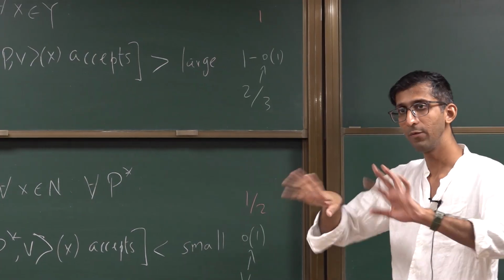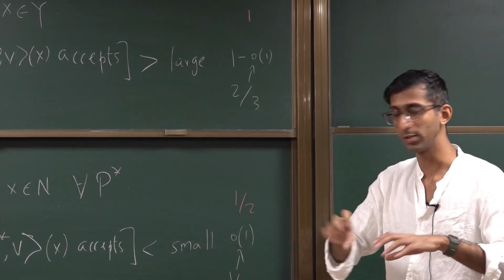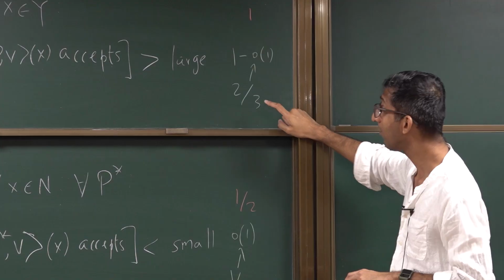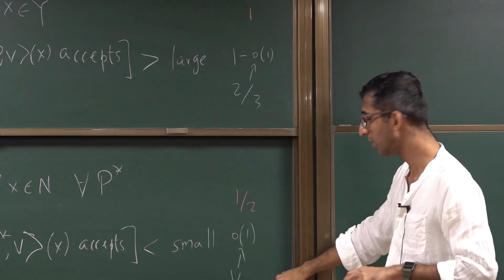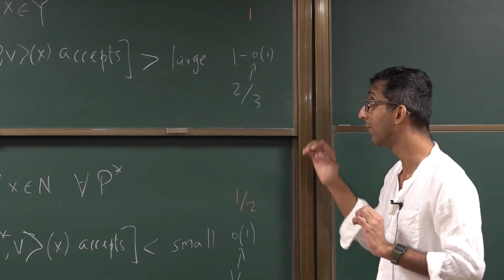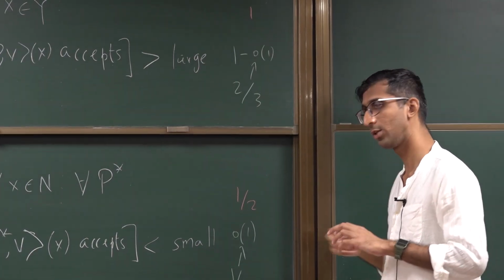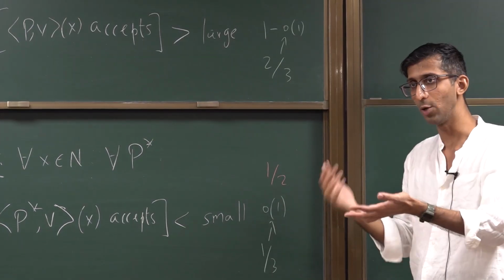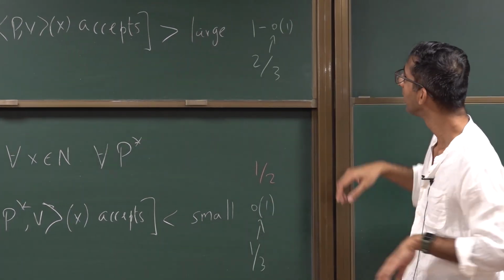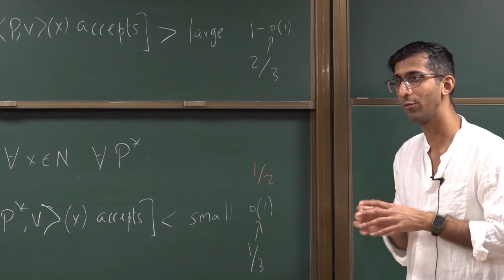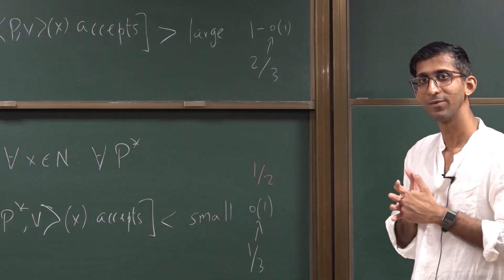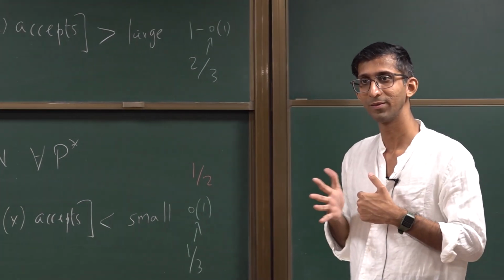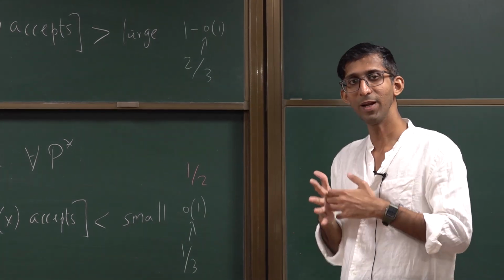Let's say that I gave you some interactive proof system that had completeness 2/3 and soundness 1/3, where for yes instances you accept with 2/3, and for no instances you accept with 1/3. How can you change that in a way to get a different system that gets 1 minus little o of 1 and little o of 1 here? What could you do? So you repeat, and then what do you do?